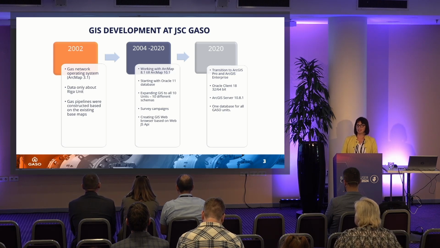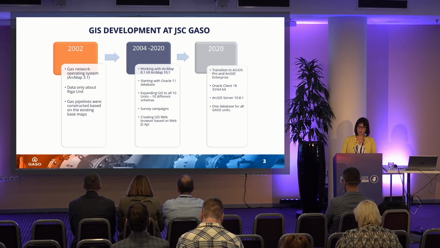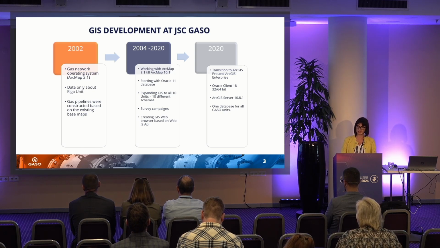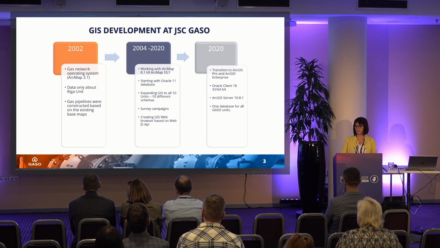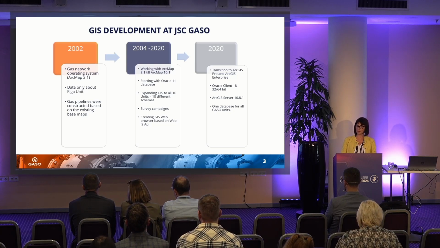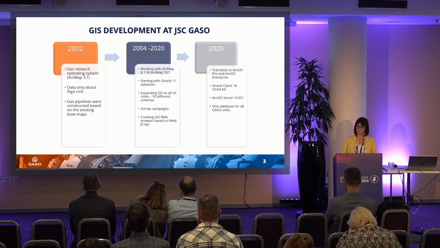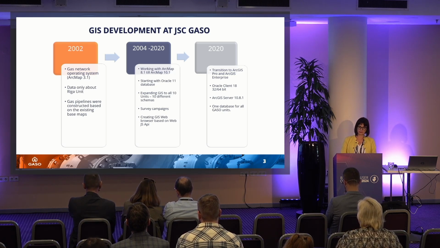But still we moved on, and in 2004 we can say it was the start of the real GIS in our company. And in later years, with implementing the GIS web browser, we finally opened the GIS to a wider range of users, not only those who work with the desktop version.